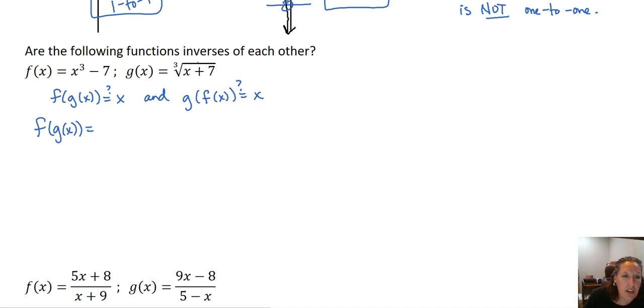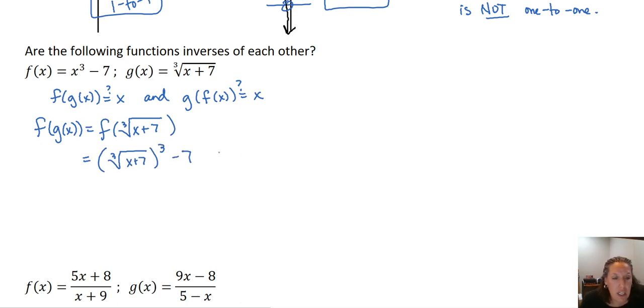So we're going to take our g of x and plug it into our f function. We get the cube root of x plus 7, quantity cubed, minus 7. Now when you do this, make sure that you follow order of operations.